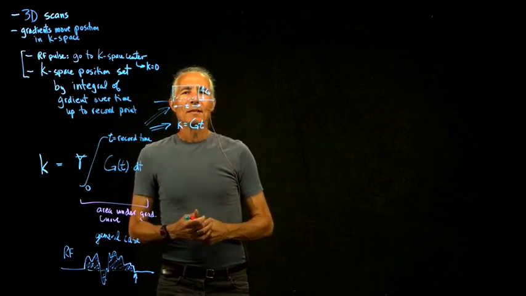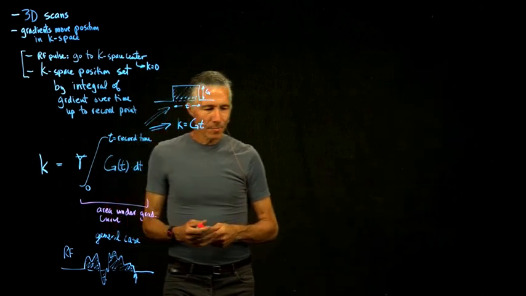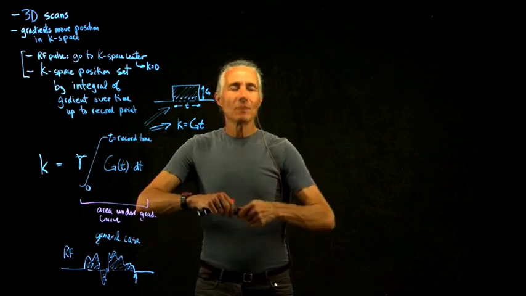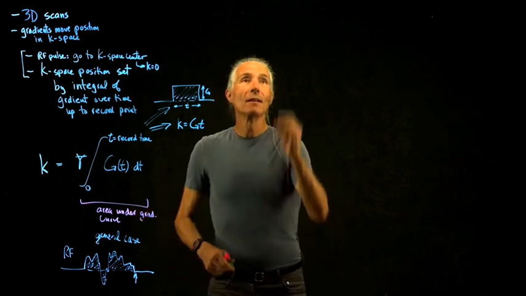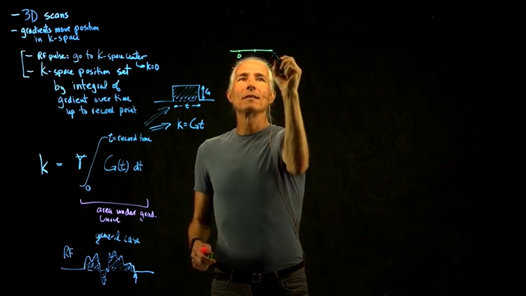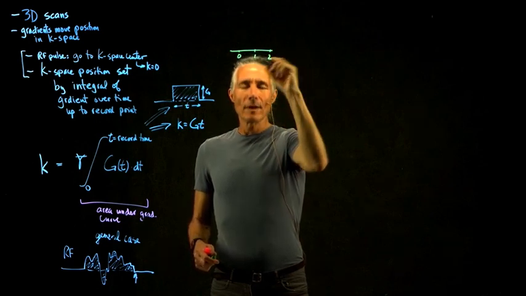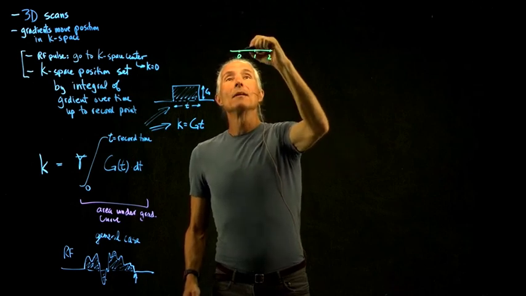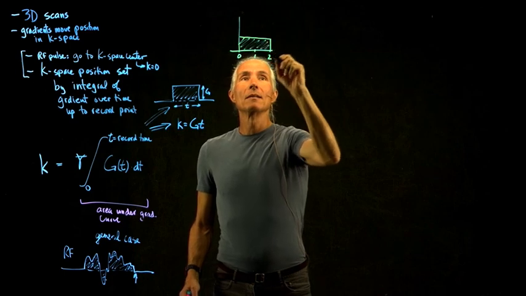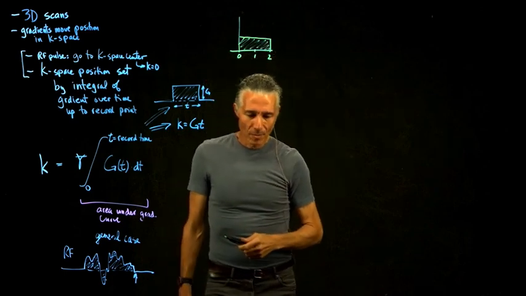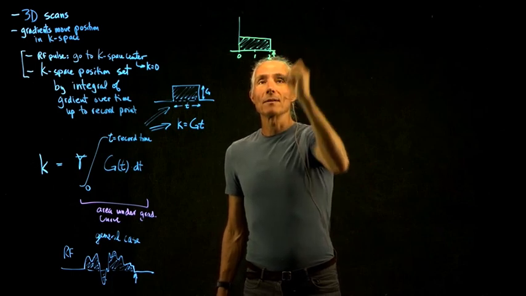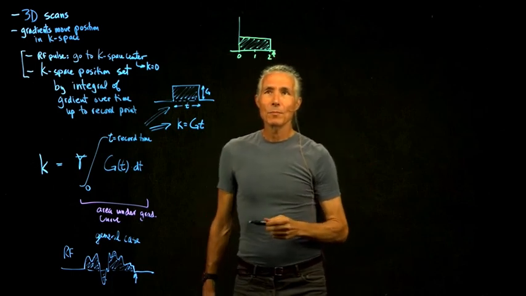So what that implies is, say you have something like this. You leave the gradient on for that amount of time, 0, 1, 2, and then you record a data point here.